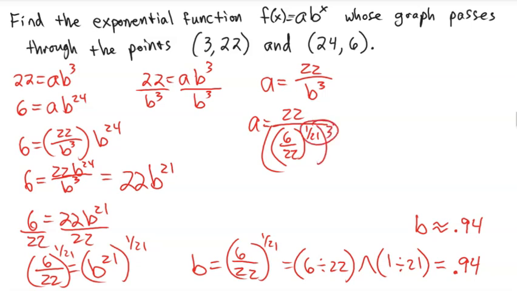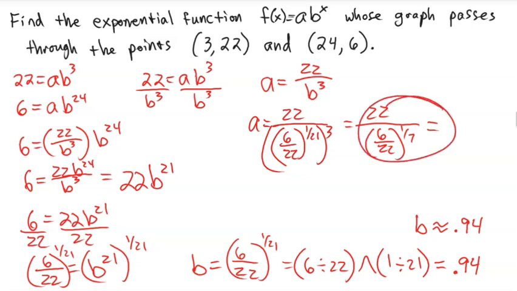Well, 3 times 1 over 21, this is going to be 3 over 21, which is 1/7. So this is going to become 6 over 22 to the 1/7 power. Okay? So I'm going to go ahead and key this whole thing in the calculator, and I'll be back in just a minute.